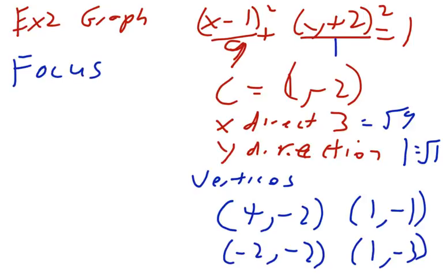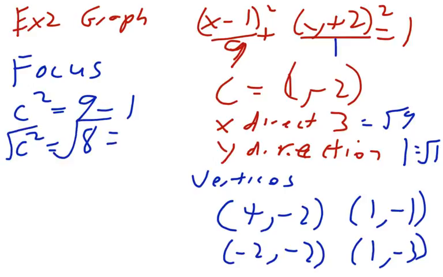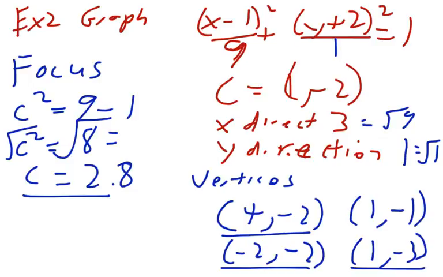We always like to figure out the foci. Well, c squared equals 9 minus 1, so c squared equals 8, which is, when you square root both sides, c is about 2.8. So we got this information that we want to know so that we can graph it.